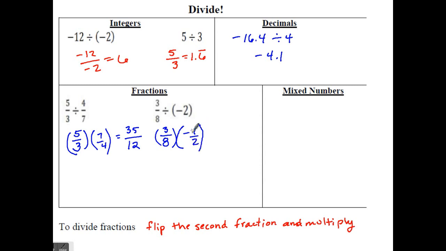So we do the reciprocal, and now we can go ahead and multiply across. I didn't change the sign because all I did is flip the value. Remember, we're trying to find the value that when you take this, it'll equal a value of 1. So the only one that works is a negative 1 over 2. So 3 times negative 1 is going to give us a value of negative 3. 8 times 2 is going to give us 16, and that's reduced.